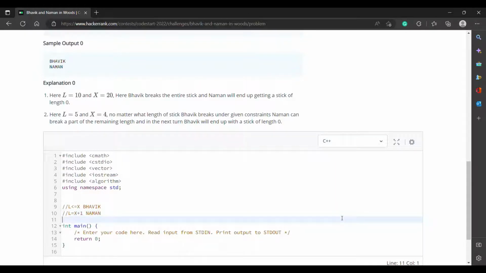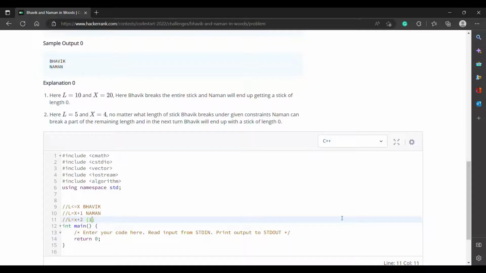Now let's see what will happen if the stick's length is between x plus 2 to 2 times x plus 1. So say the length of the stick is equal to x plus 2. Now Bhavik can initially break any length from 1 to x. So say Bhavik initially breaks just 1 unit of the stick.